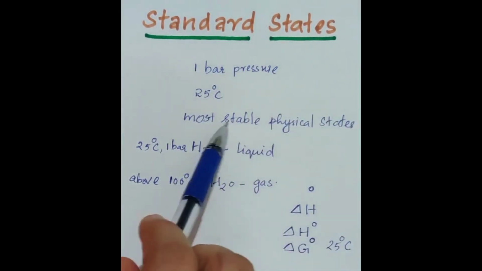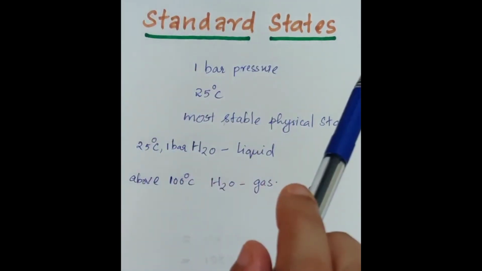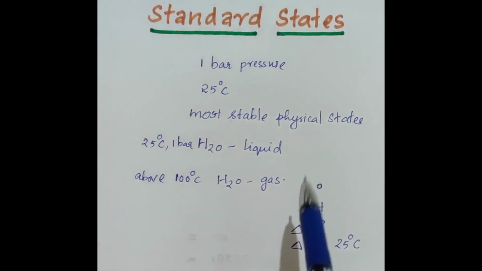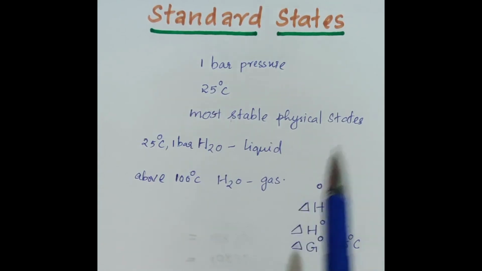The most stable physical state is considered the standard state of that particular substance. The standard thermodynamic quantity is represented with a superscript symbol, that is delta H0, delta G0. This is the representation for standard enthalpy change and standard Gibbs free energy change.